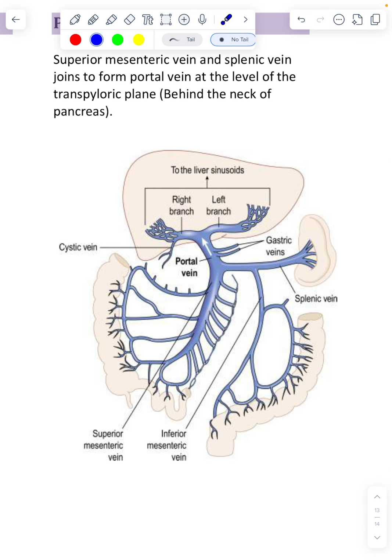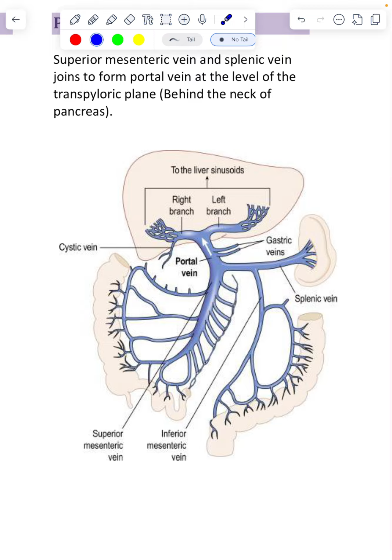The portal vein is formed by the superior mesenteric vein. Like the superior mesenteric artery, the superior mesenteric vein is a bigger vein collecting blood from all of the small intestine and ascending colon. And this is the inferior mesenteric vein, which is a smaller vein.